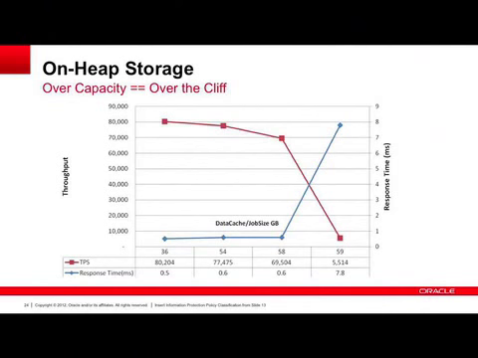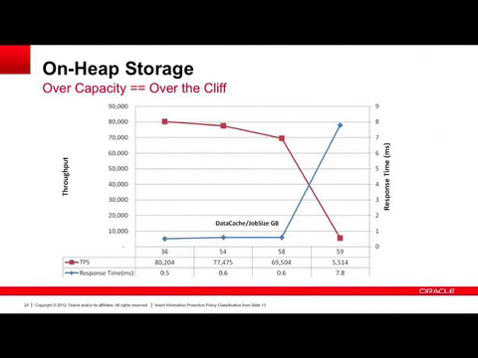So don't get too fixated on the numbers here, I'm just trying to show a trend. With the on-heap storage, what this is showing is that as you increase the data storage size, how much data you're storing relative to the heap capacity. I think this graph was generated on 72 gigs and this is 58. So as you are approaching 60, 70, 80% of that heap, when you hit that capacity limit with heap-based storage, you fall off a cliff.